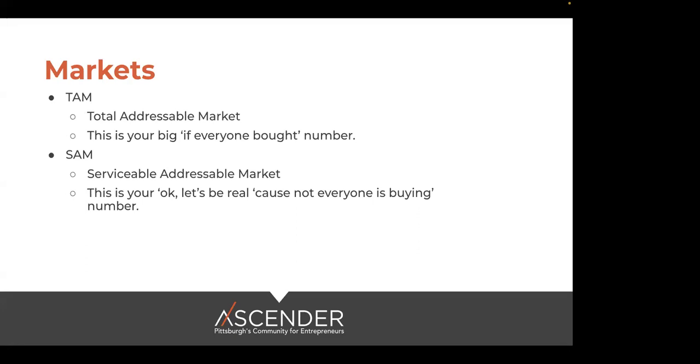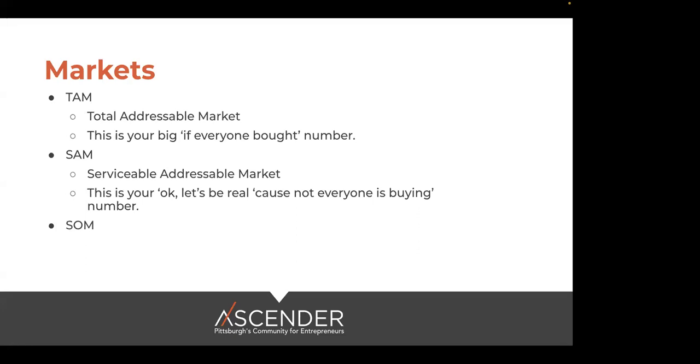They want to have a gas car. Some people live in rural areas where there are no charging stations. Some people really like a diesel car because they have sentimental values. Some people can't afford a luxury electric vehicle. So that's what your serviceable addressable market is. It's going to be basically a parameter on the TAM.